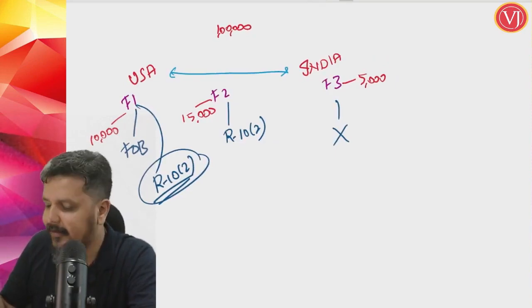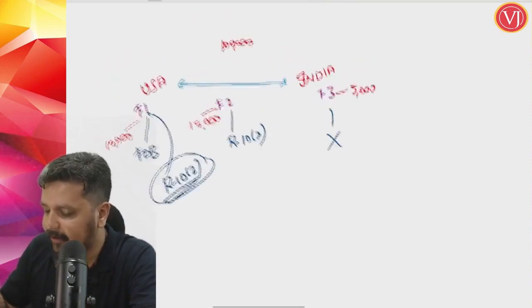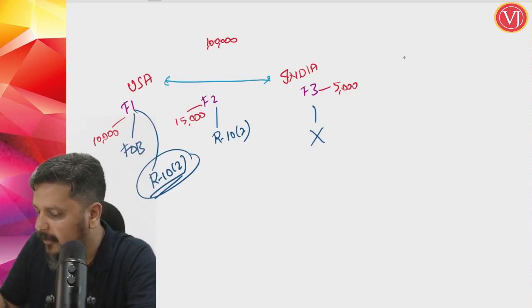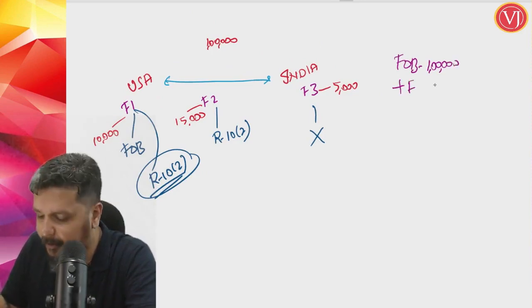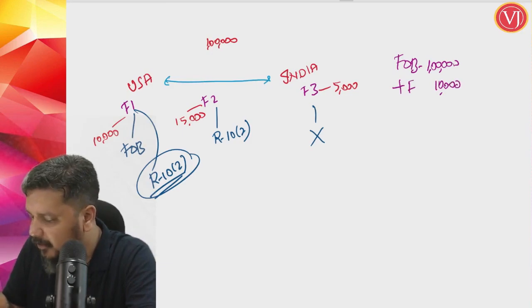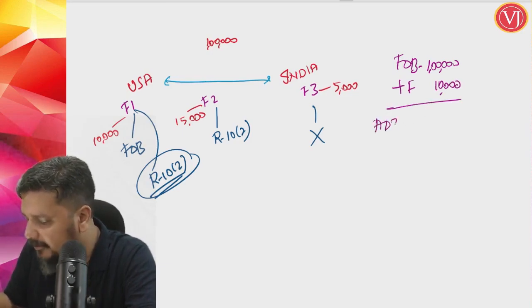Now, understand what should be the right answer. Your right answer should be FOB 1 lakh plus your freight, which is part of FOB, 10,000. So your adjusted FOB should be 1 lakh 10,000.